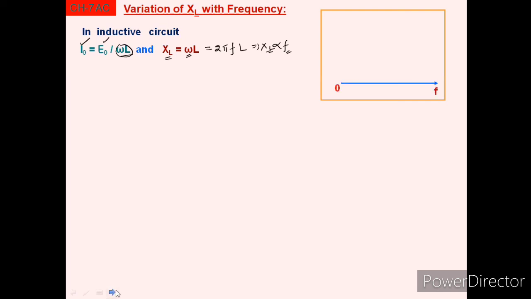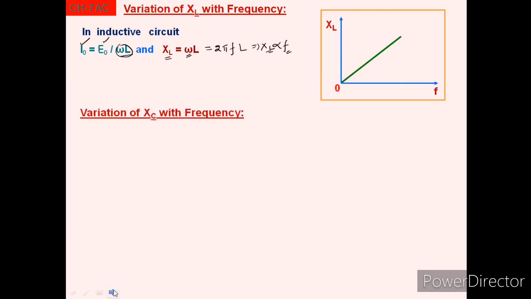XL can be further written by putting omega in terms of frequency of the AC, so omega is equal to 2 pi f, where f is the frequency of the AC, and in India we know it is 50 Hz, and L is the coefficient of self inductance. So what you observe is that inductive reactance XL is directly proportional to frequency. It means if frequency increases, inductive reactance will also increase. So when you plot a graph of this, we get a straight line passing through the origin as shown in the figure.